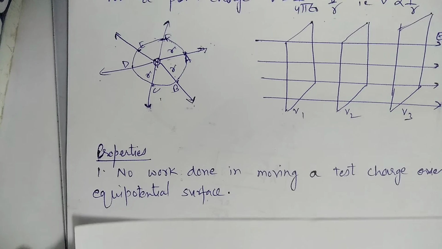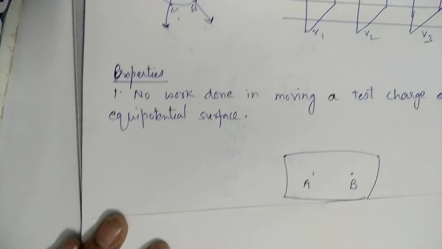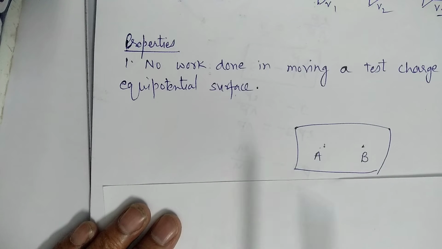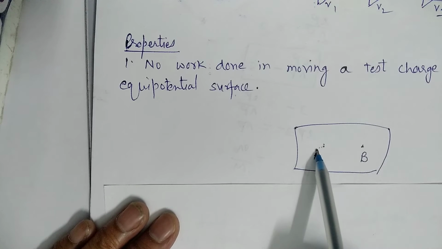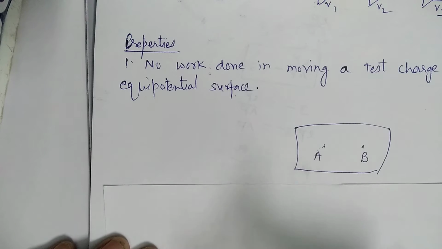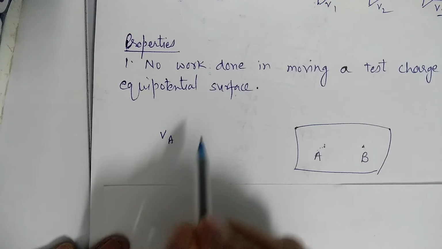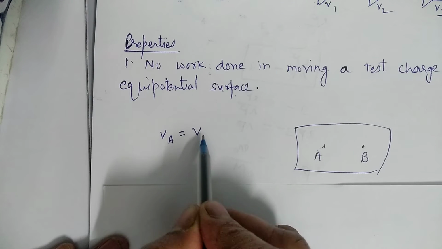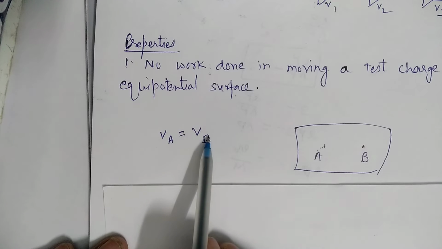To understand it, let us consider an equipotential surface. So this is an equipotential surface on which these are two points A and B. Since this surface is an equipotential surface, the potential at point A, VA, will be equal to the potential at B, VB. So VA is equal to VB.